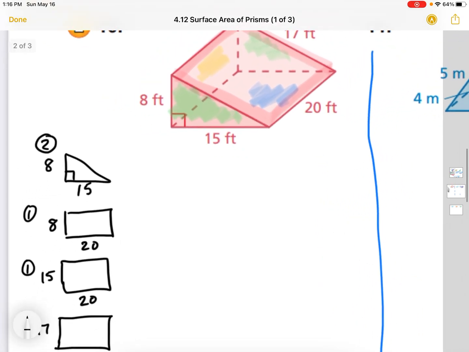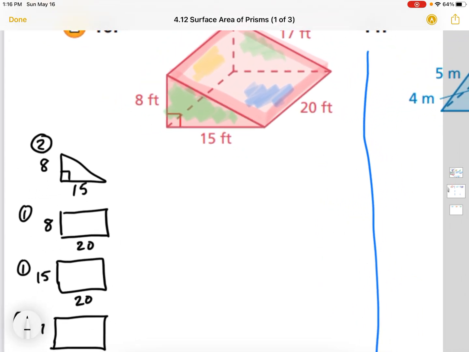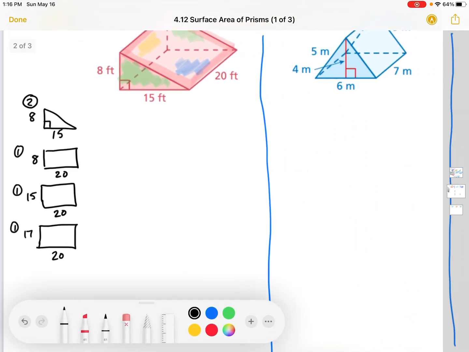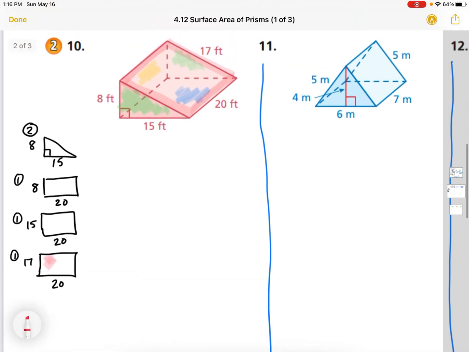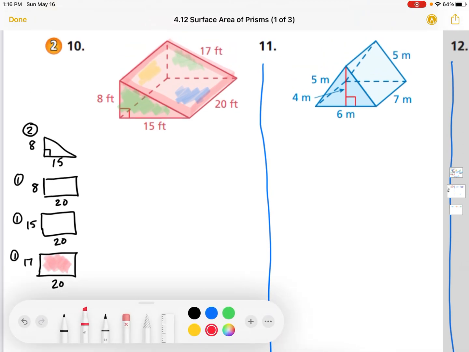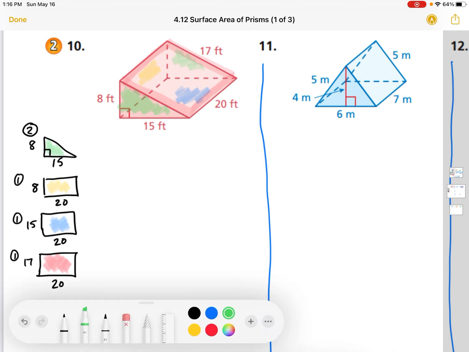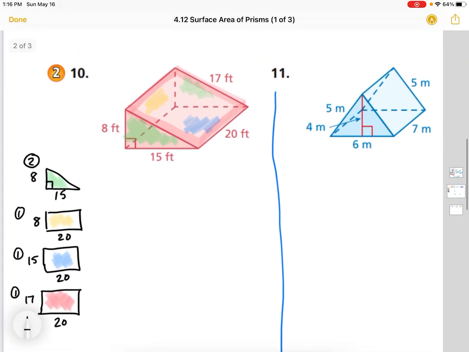Now we can figure each of these out, so we're going to use our formulas. I've written all my information here, so I don't even need to look at the original. But if you wanted to check, the red one is 17 by 20, the blue one is 15 by 20, the yellow one is 8 by 20, and the 2 triangles are 8 by 15. So let's do this. Area equals, I have 2 of them, base times height over 2.